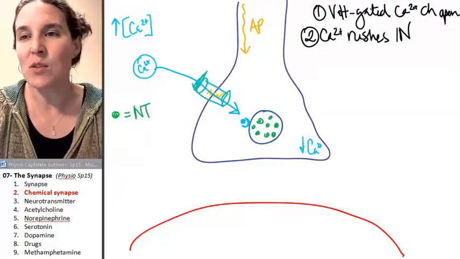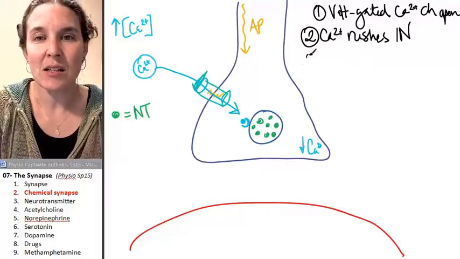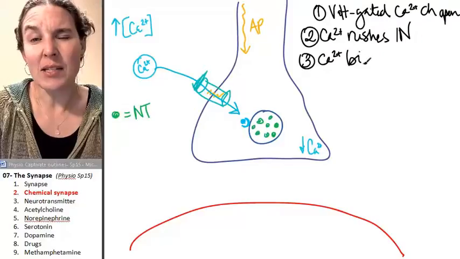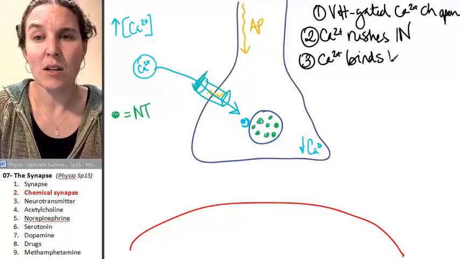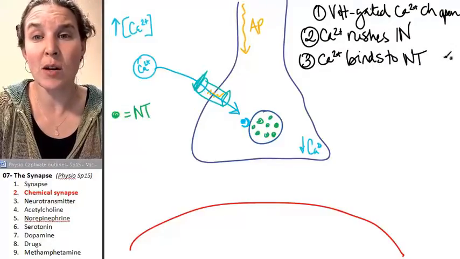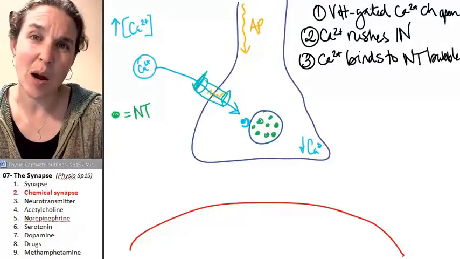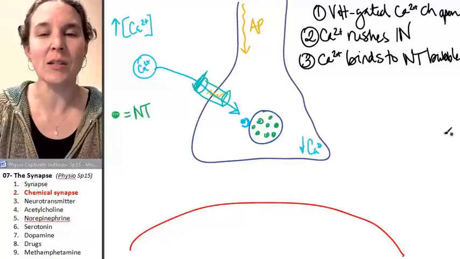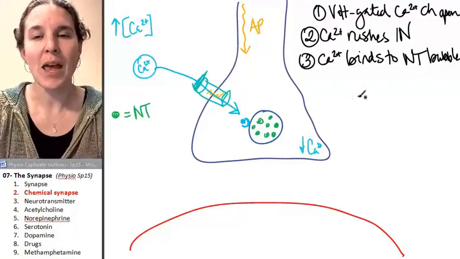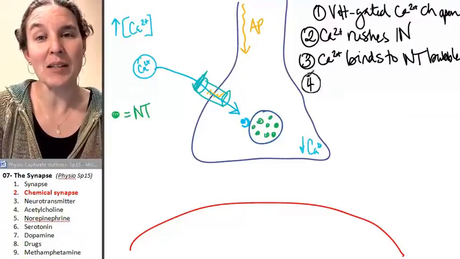Calcium is going to bind. I'm going to say it binds to the neurotransmitter bubble. Vesicle is probably a more scientifically lovely word. And guess what happens when calcium binds?